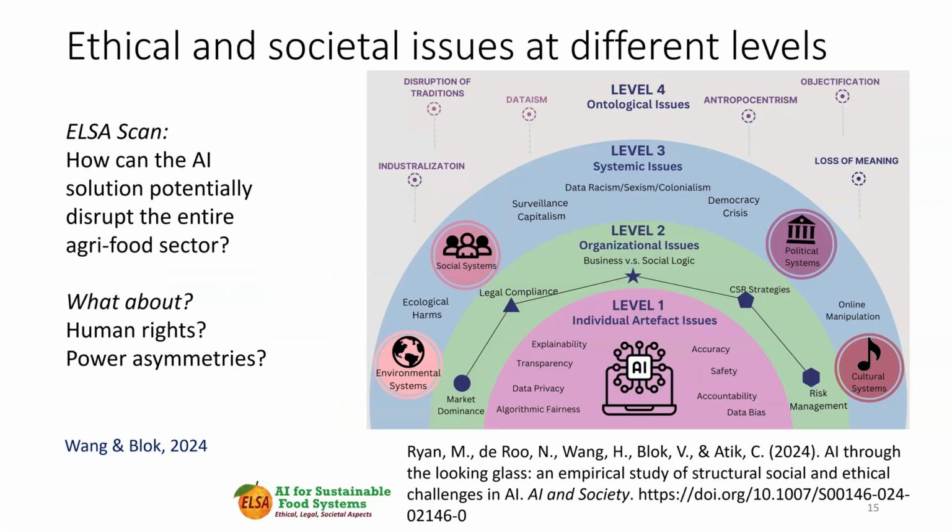Ethical and social issues are generally at different levels. In the first level, individual artifact issues like privacy-related concerns, data bias, accountability concerns, etc. But ethical or social aspects can be broader. So that can be organizational, related to the market conditions, or risk management structure of the company.